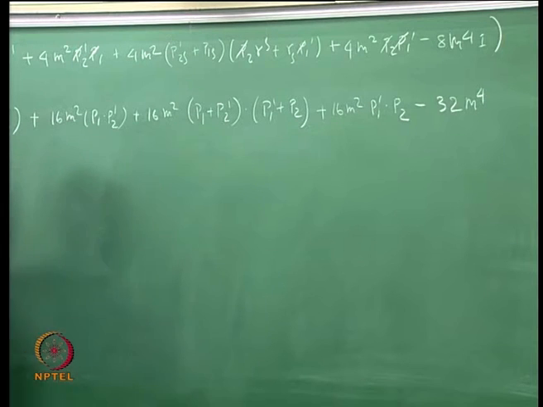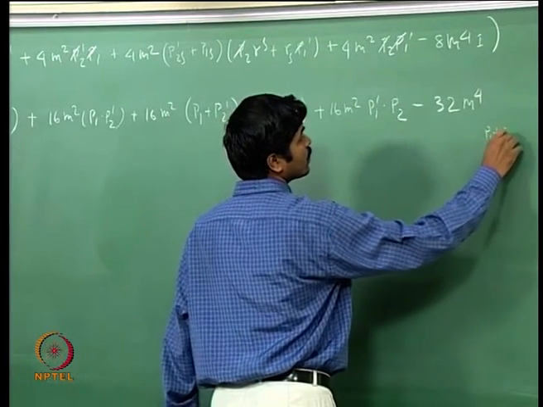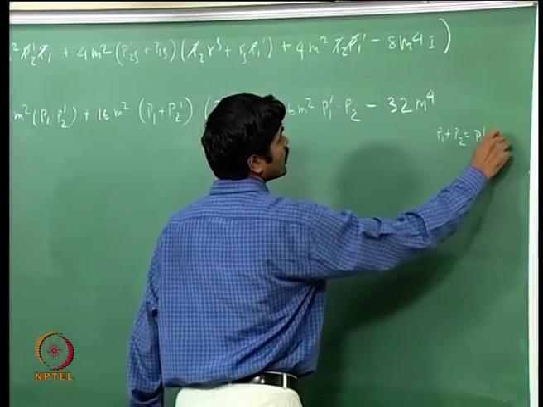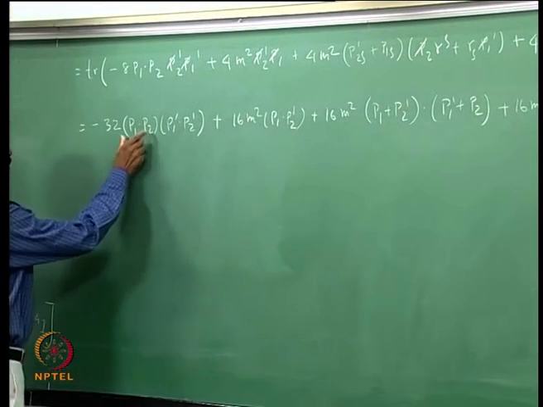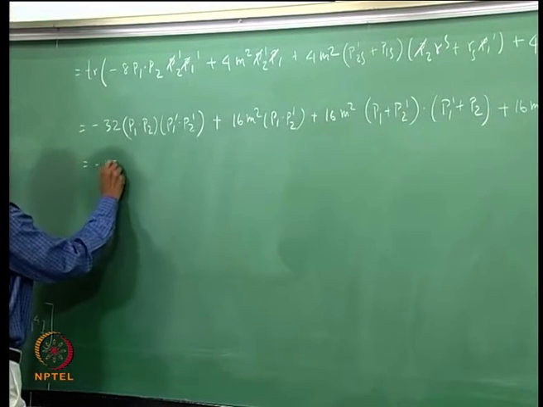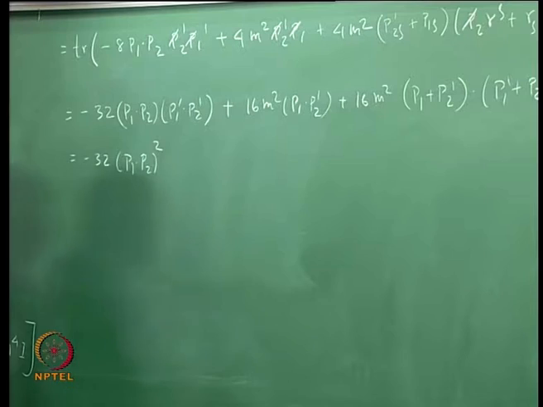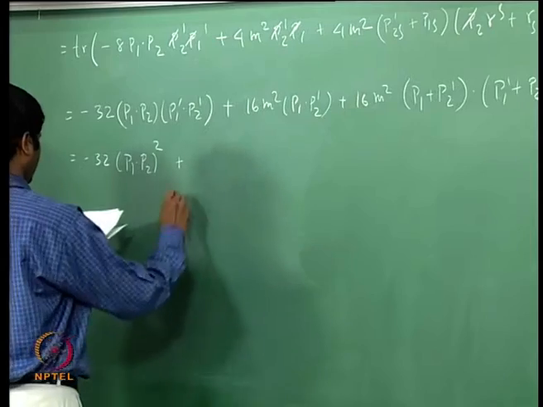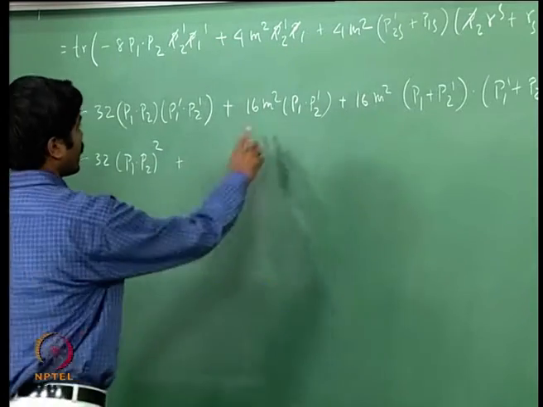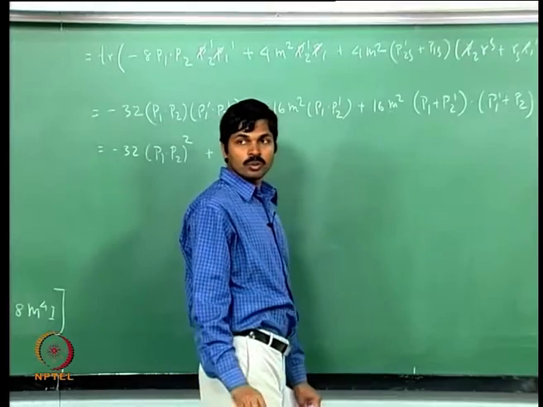So, now what we will use is the energy momentum conservation relation repeatedly, that is p1 plus p2 is p1 prime plus p2 prime. That will tell me that p1 prime dot p2 prime is p1 dot p2. So, this is minus 32 (p1 dot p2) whole square, and here I will leave it as it is. Okay, I can add this and this, because p1 dot p2 prime is p1 prime dot p2.